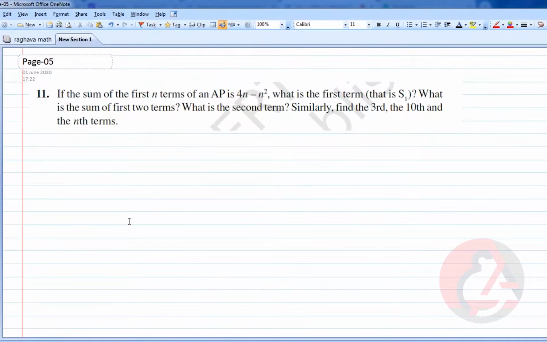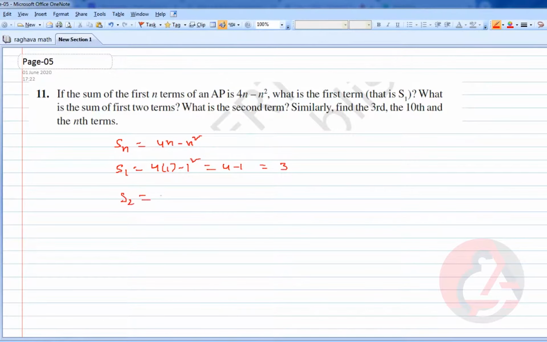So whenever you get an equation, try to connect it with algebra. That means he's expressing Sn is equal to 4n minus n square. If I put n equal to 1, you get S1. So 4 into 1 minus 1 square, that is 4 minus 1, equal to 3.